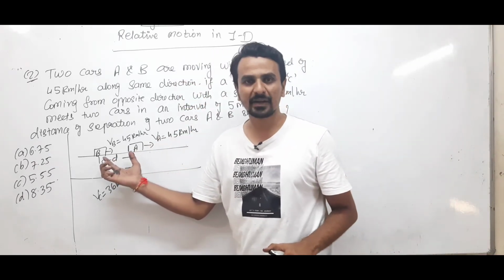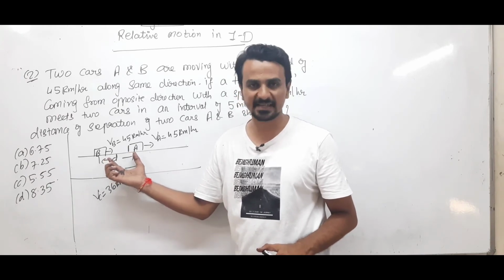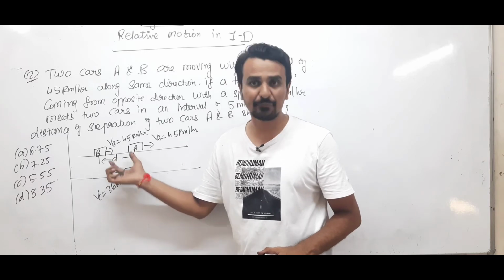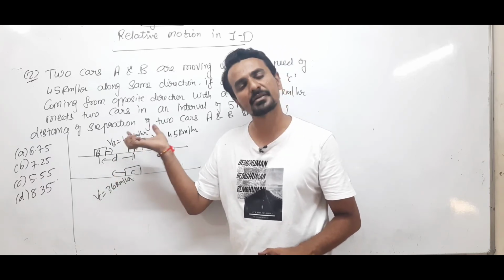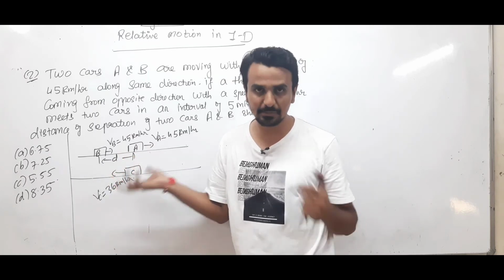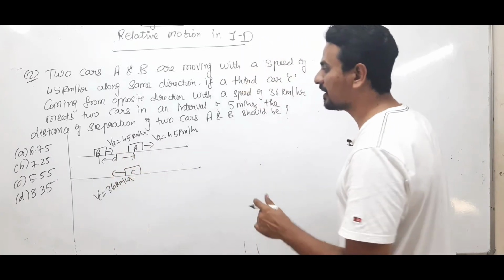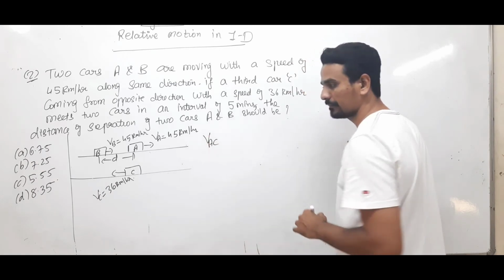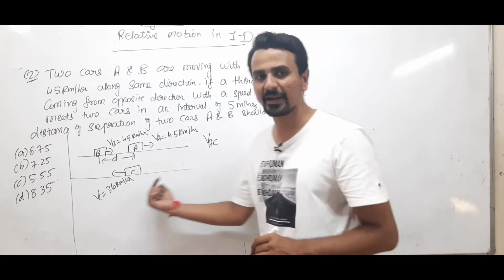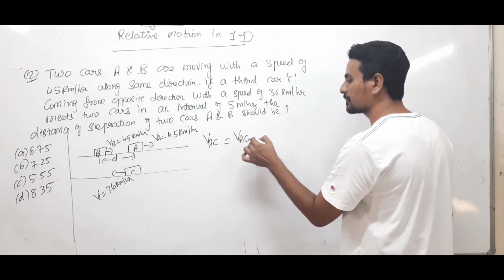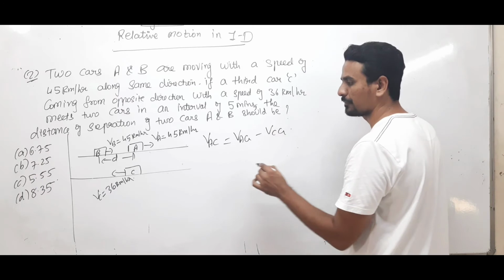Both the cars are moving with the same speed in the same direction. So the relative velocity of car A with respect to B, or of car B with respect to A, will be 0. First we will calculate the relative velocity of car A relative to C, because car C is moving in opposite direction. So this will be velocity of A with respect to ground minus velocity of C with respect to ground.